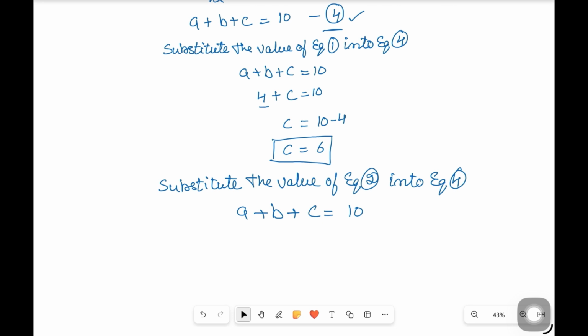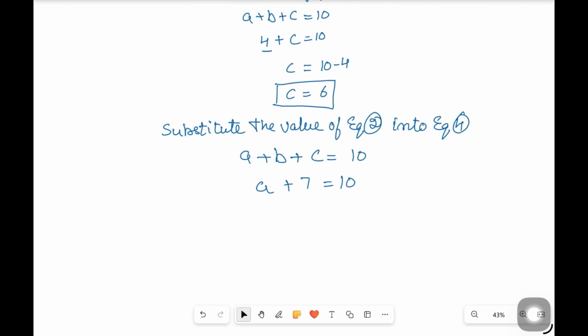We will substitute the value of b plus c, which is equal to 7. So a plus 7 is equal to 10. Now from here we will find the value of a. a is equal to 10. We will bring this 7 to our right hand side, and whenever we shift a variable or an integer to the other side, its sign changes. So it will become 10 minus 7. So we will get the value of a is equal to, when we subtract 7 from 10, the answer will be 3. So we get a is equal to 3.